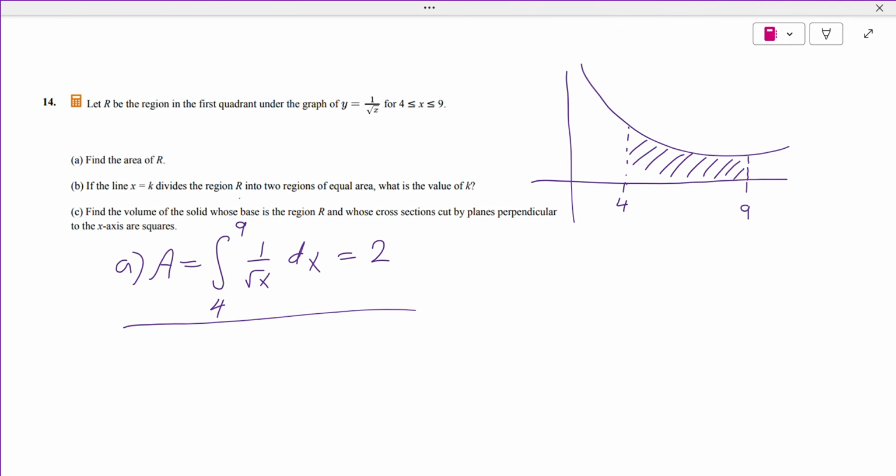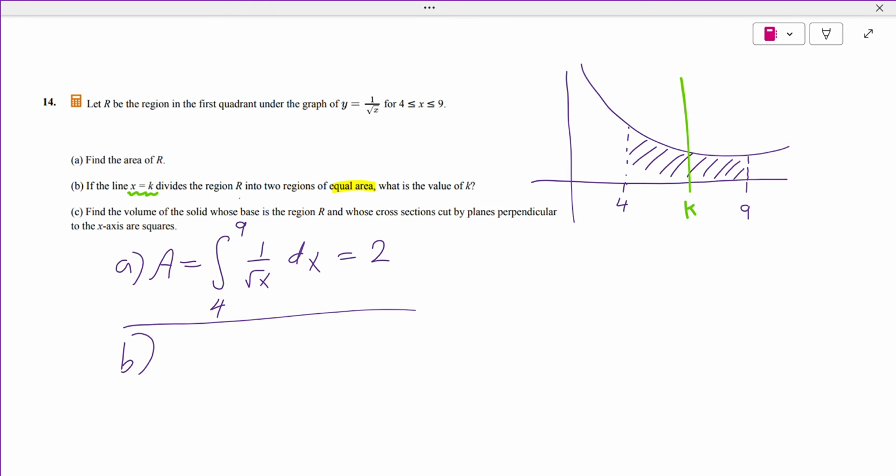Okay, part B. If line X equals K divides the region R into 2 regions of equal area, what is the value of K? It didn't say vertical, but I know that X equals a number is a vertical line. So somewhere there is a vertical line, X equals K. It divides the area into 2 equal parts.